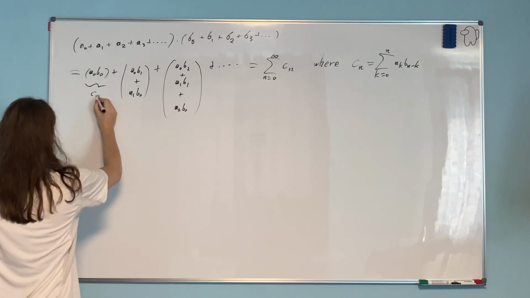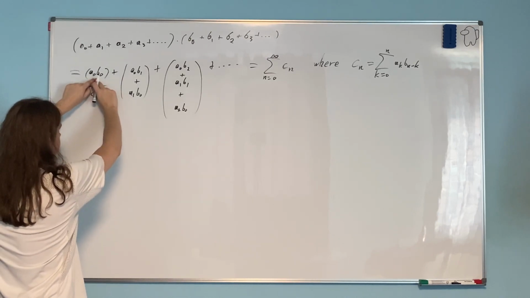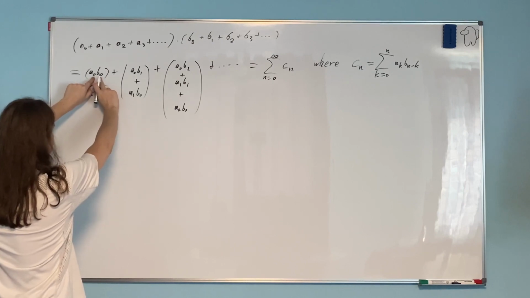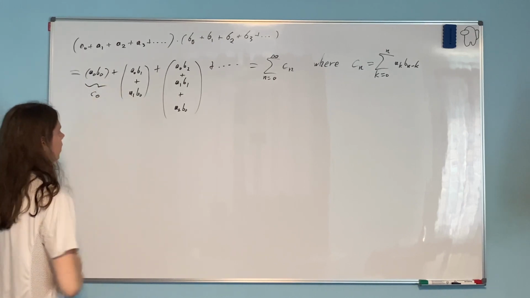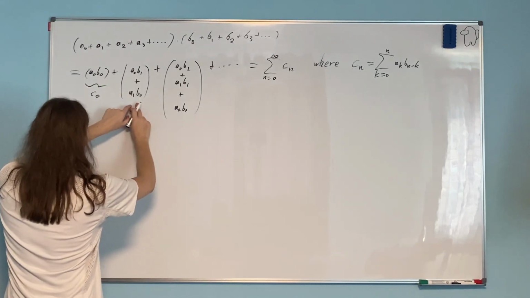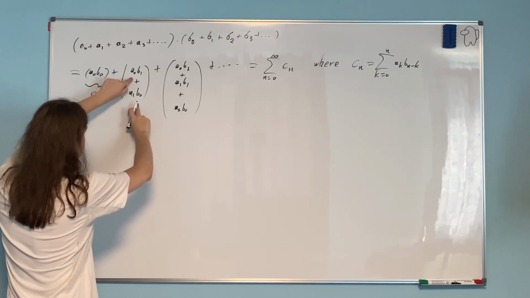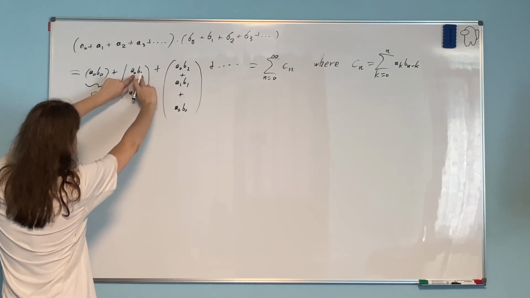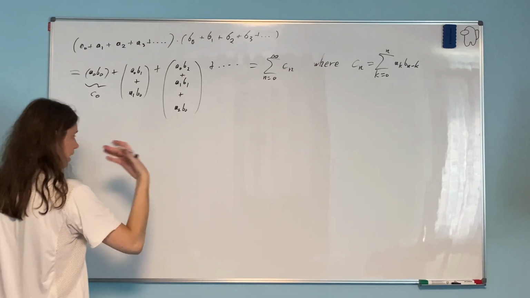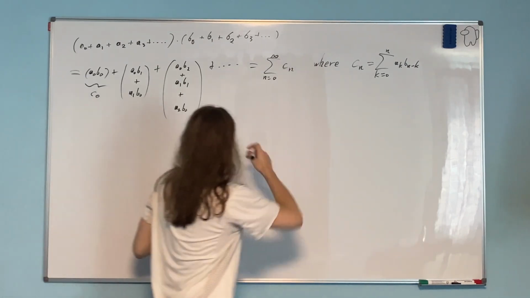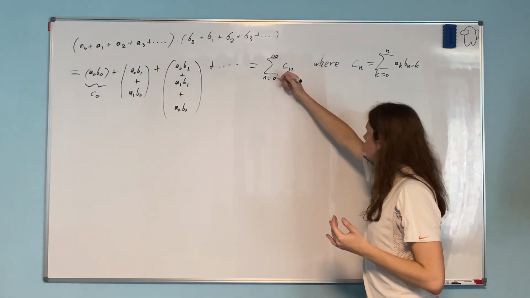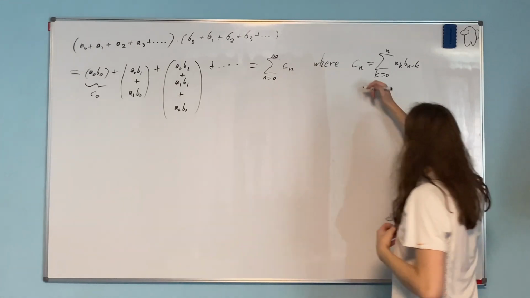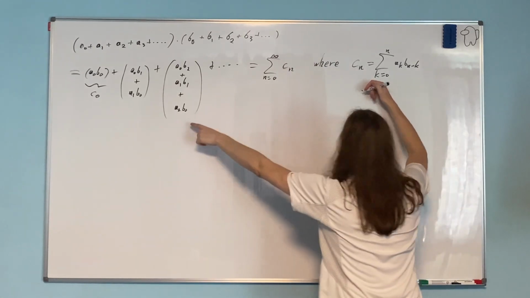and I name this the C0 coefficient, I take all the products such that the indices of A and B sum to 0. Then I take for C1 the products A and B such that their indices sum to 1. And then I just repeat. So this creates this infinite series with coefficient Cn, where it's this sum.